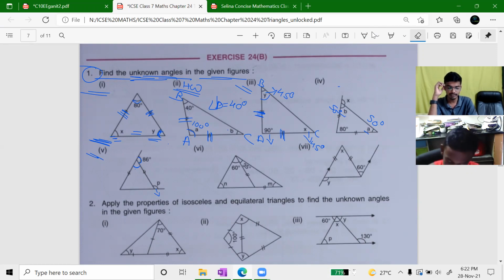What you did, 180 minus 86, na, beta? 180 minus 86, 114. No. It will be 94. 94 degree. Okay. So this will be 94.